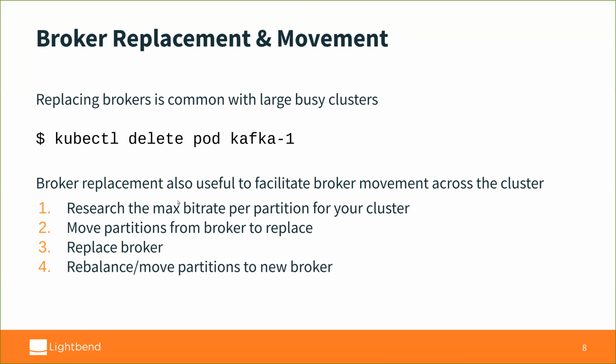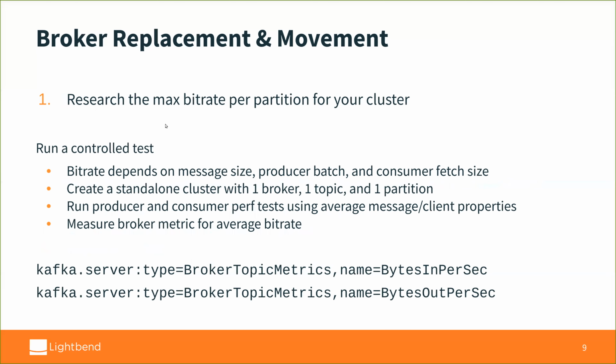This is probably close to your effective bit rate you get through your network adapters in an otherwise unused cluster. You find that bit rate, you move partitions off the brokers you want to replace, you replace those brokers and have them bound to new kubelets, and then you do the opposite and rebalance partitions back to those new brokers. So these following slides are some hints on how to do that.